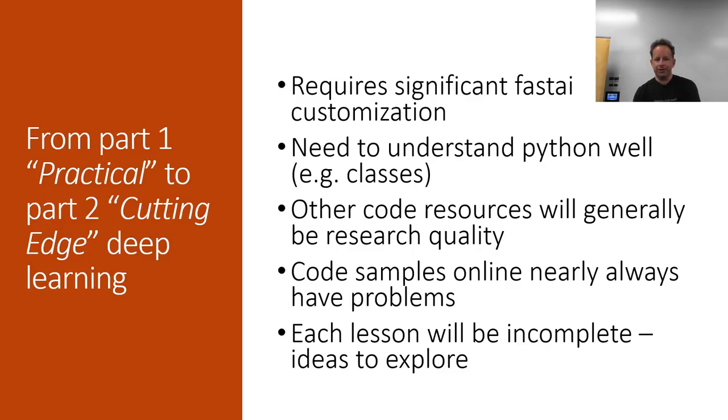So this part two is cutting edge deep learning for coders. And what that means is I often don't know the exact best parameters, architecture details, and so forth to solve a particular problem. We don't necessarily know if it's going to solve a problem well enough to be practically useful.